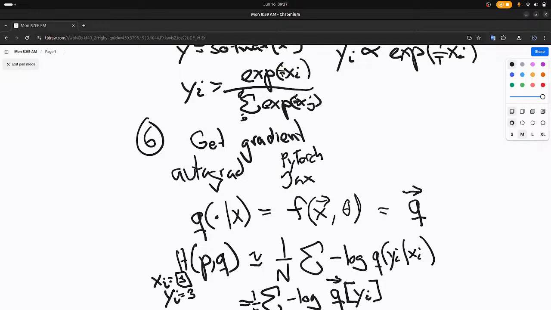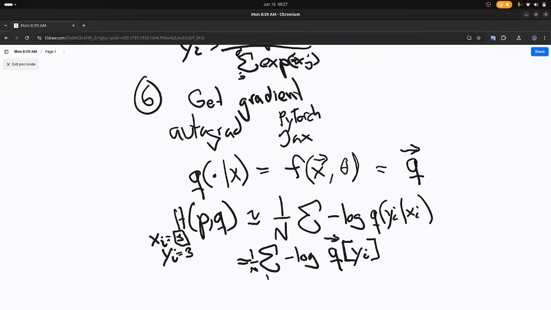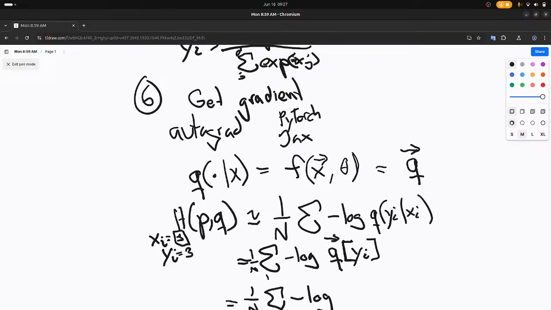This is exactly what we want. I will write it in different ways, maybe some way is better than others. We could also think that we have this whole thing here. What does this give you? This gives you a vector.